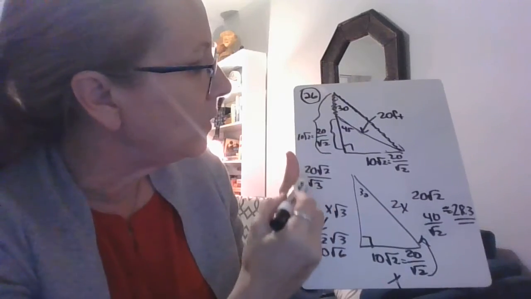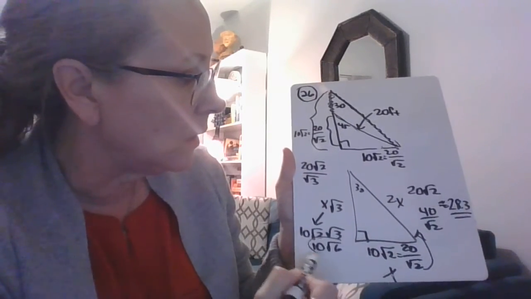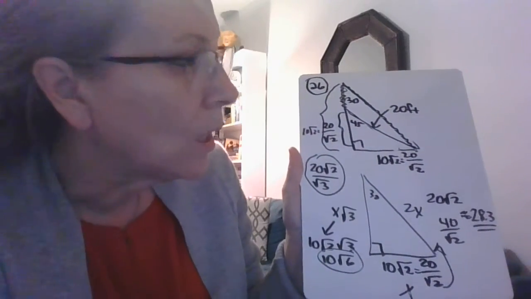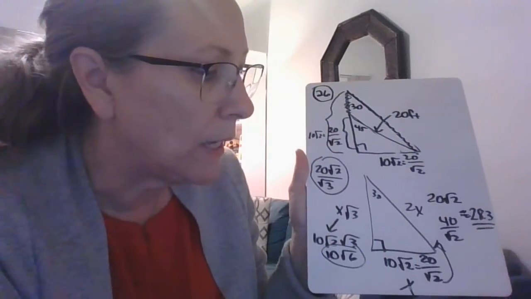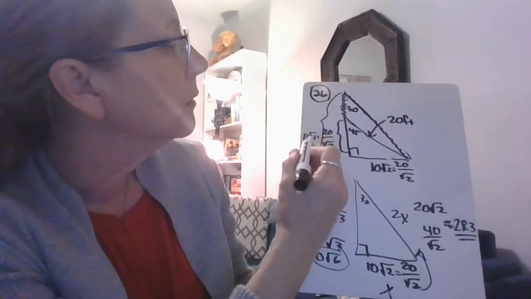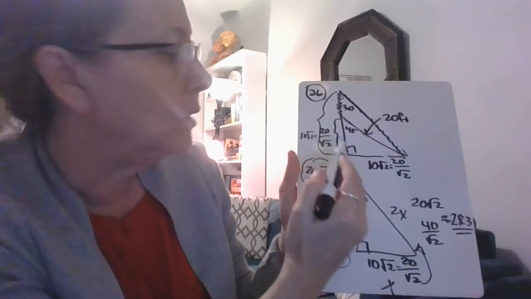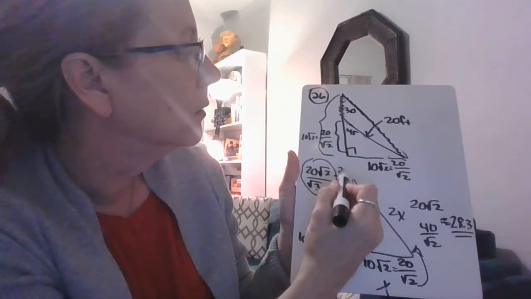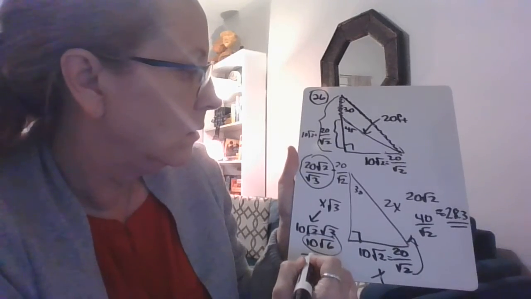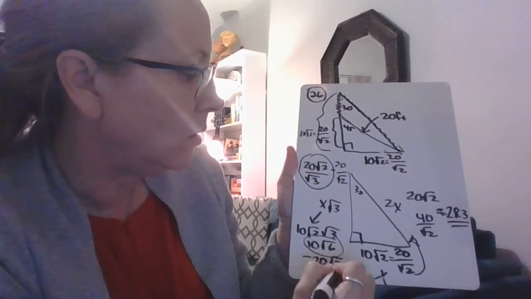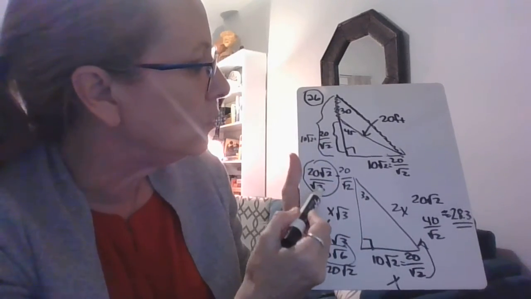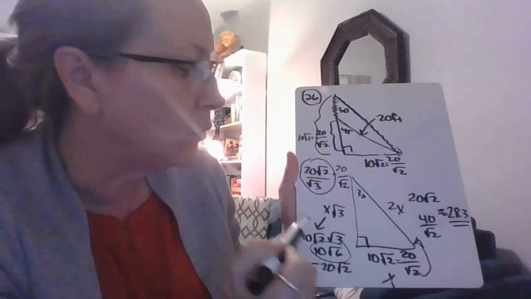And you can put this in your calculator, either the 10 root 6 or the 20 divided by root 2 times root 3. Both of those will end up giving you the value you need, which needs to be minus 10 root 2 here, or here, 20 over root 2.